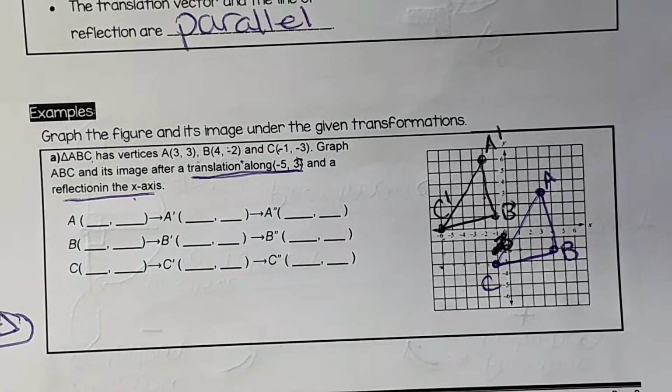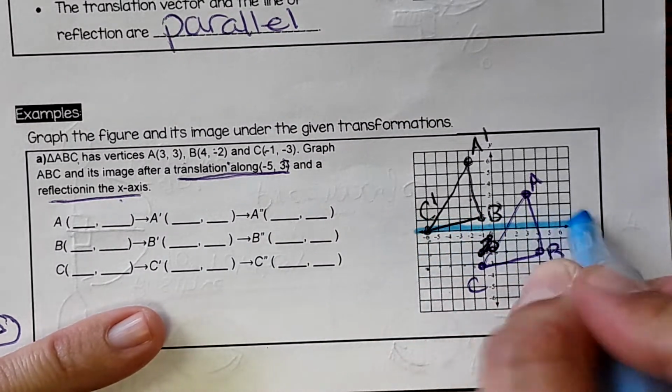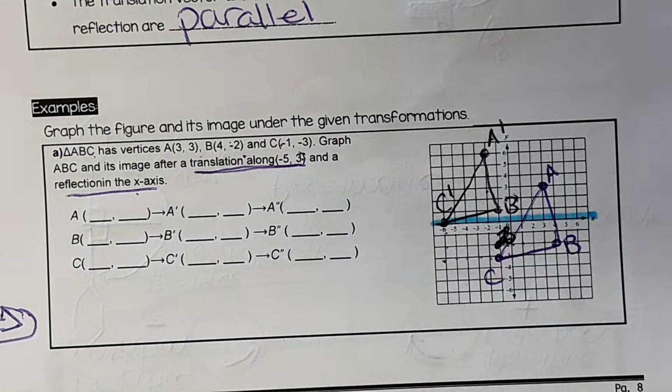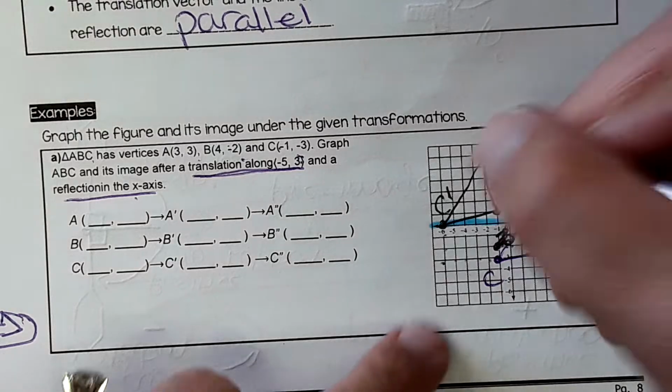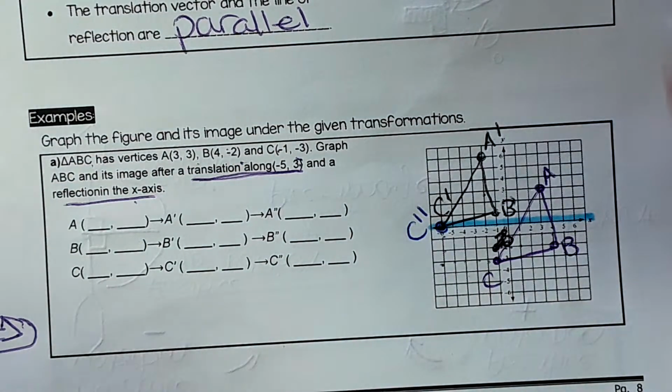Okay. So we did the translation, and the next step is to do the reflection over the x-axis. So just identify the axis you're doing the reflection over. Now I'm going to reflect the points over. C will just stay in the same spot, so C double prime is in the same spot.